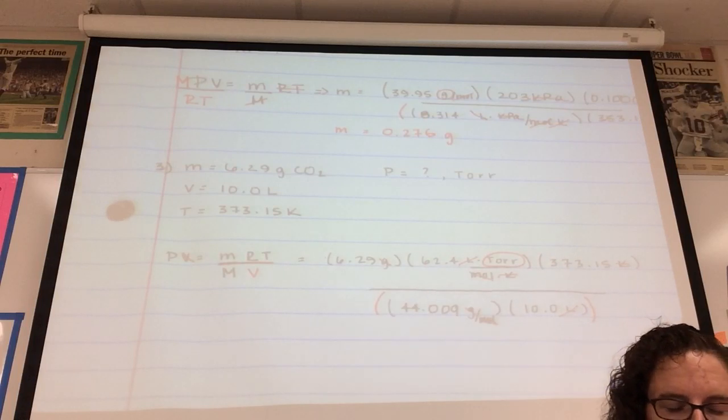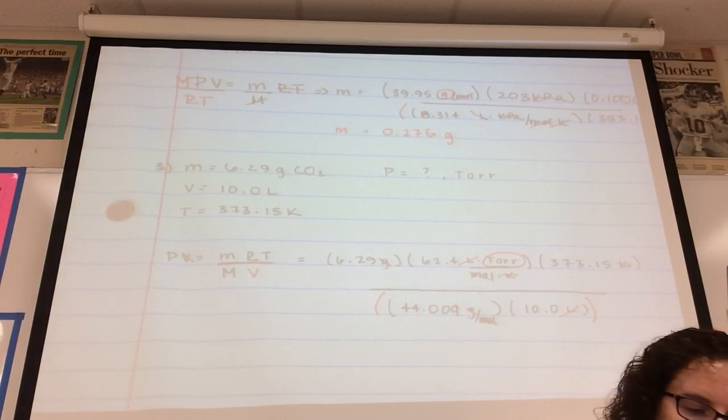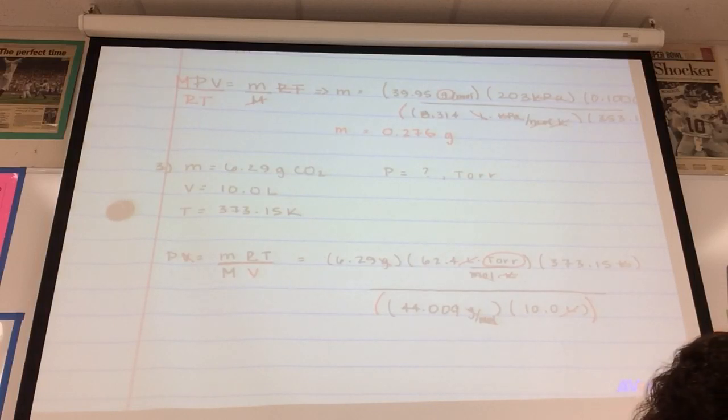I need those parentheses in the denominator. I have 6.29 times 62.4 times 373.15 divided by open parentheses 44.009 plus, not plus, times 10. Close.